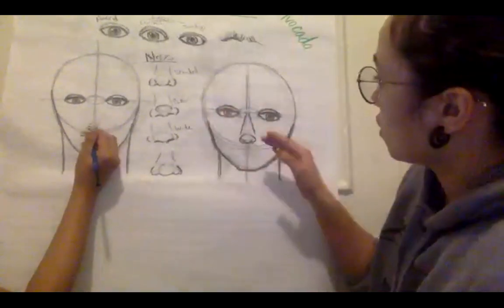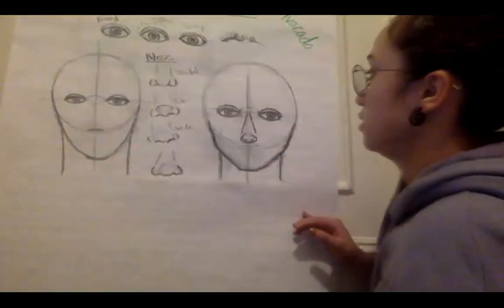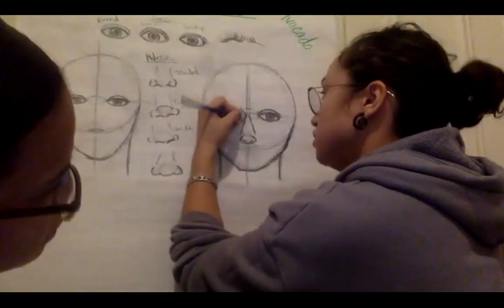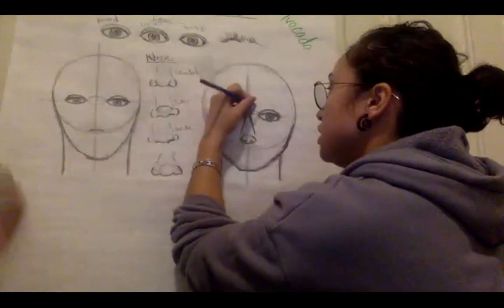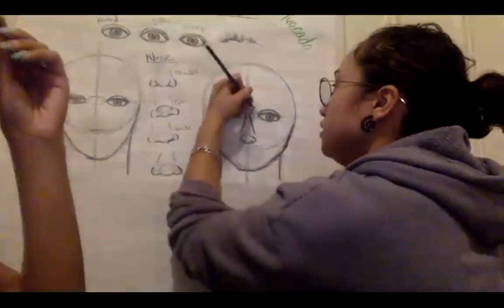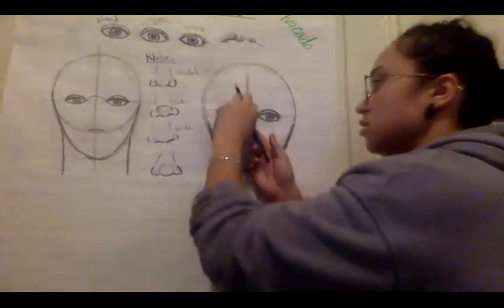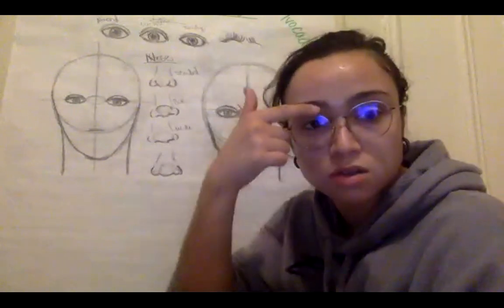I actually think it's a little broader than that. Right here. So you see, as I go, I'm fixing my nose, because when you do the bridge of your nose, it's going to connect to your eyebrows.